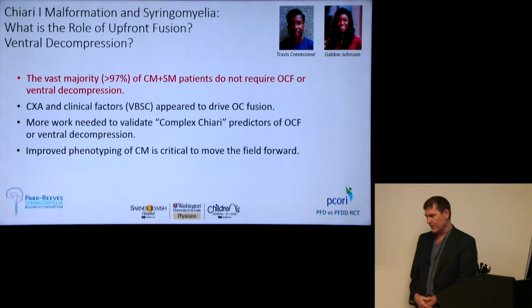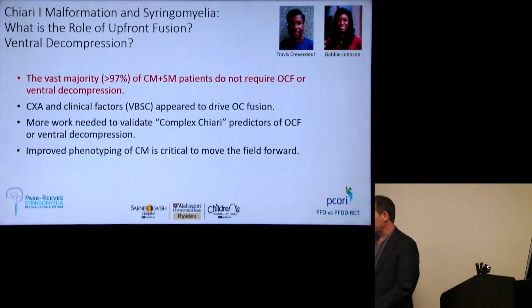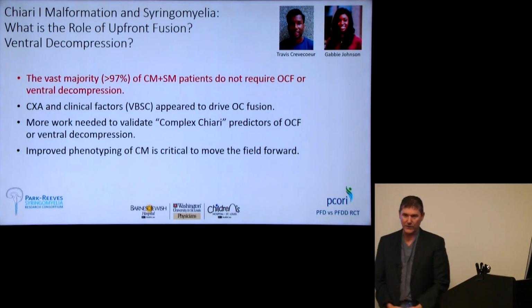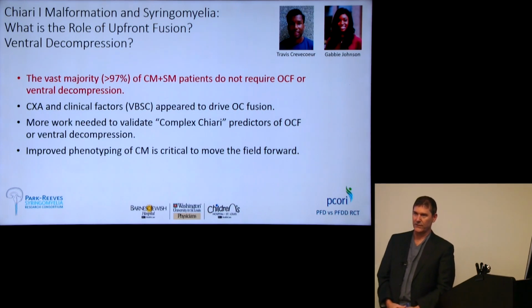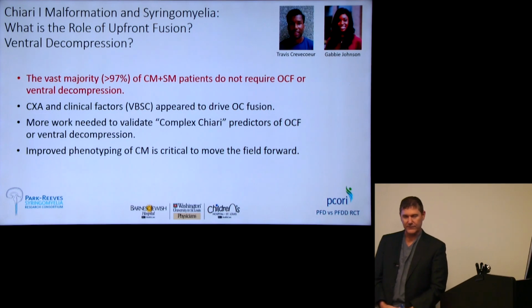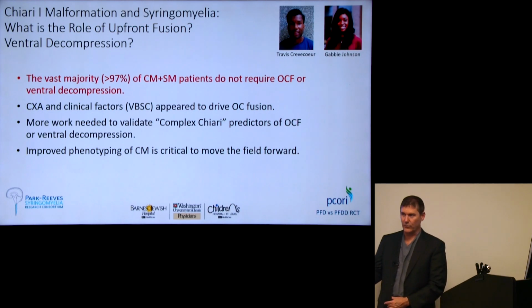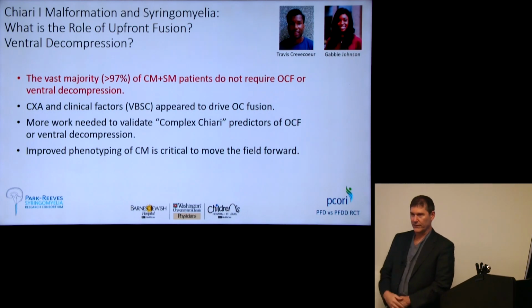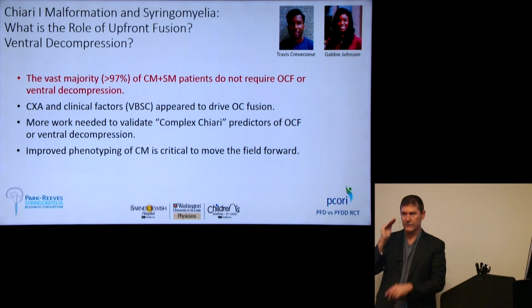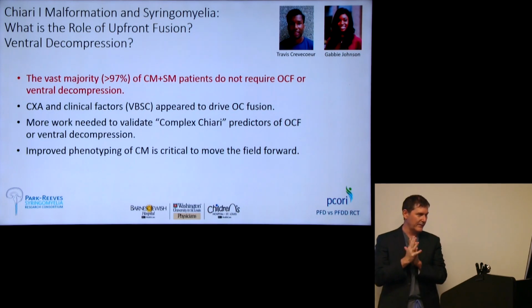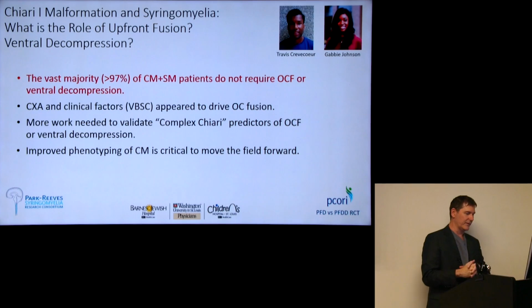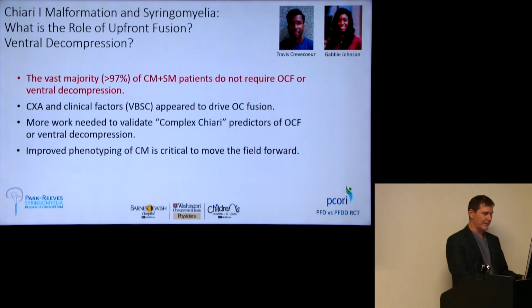It was about this time that Dr. Doug Brockmeyer from Utah coined this term complex Chiari. Complex Chiari essentially refers to those patients who have things like Chiari 1.5, which we talked about before, or basilar invagination, or a very acute angle of the junction of the head to the spine, so that acute angle of the CXA, or clivoaxial angle.